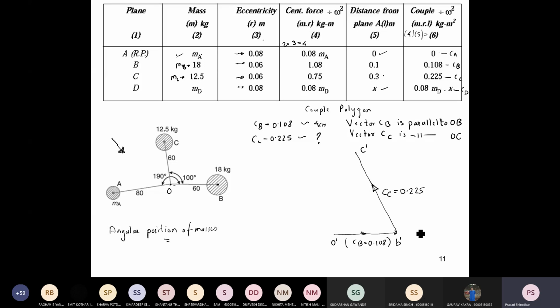Right, so this angle should be 100 degrees, and the length will be slightly more than 8 centimeters.